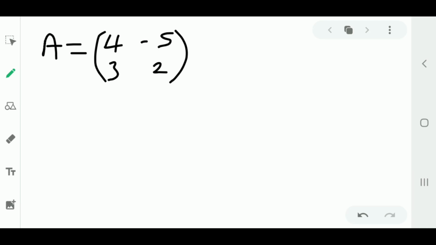Since A was given to us as 4, 3, minus 5, 2, we can find what A inverse is.